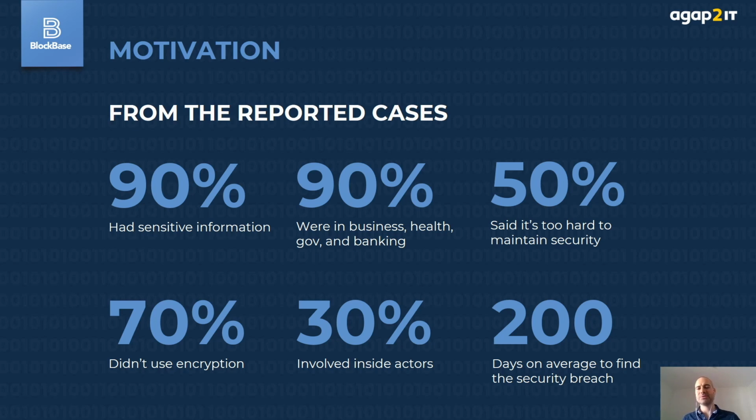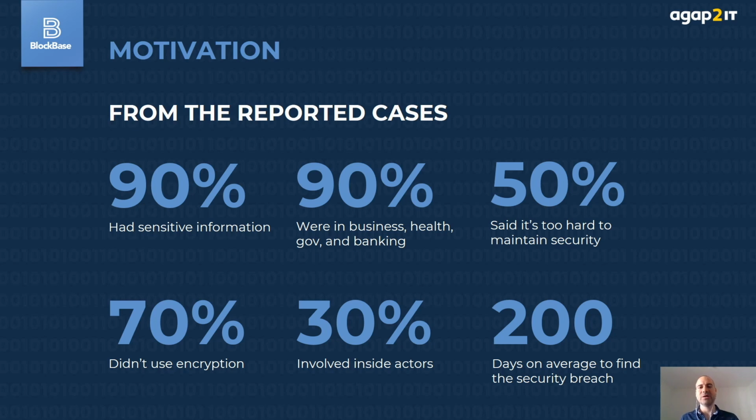But the most important statistic that I see here is the next one. In 30% of the cases, so 1 in every 3 cases, it involved inside actors: people that belonged to the teams that were supposed to protect the data, respect the data and honor the data, but were using the data for their own benefit, right? To change it, to steal it, to modify it, to even delete it.